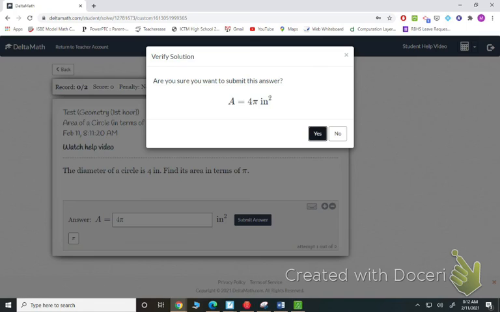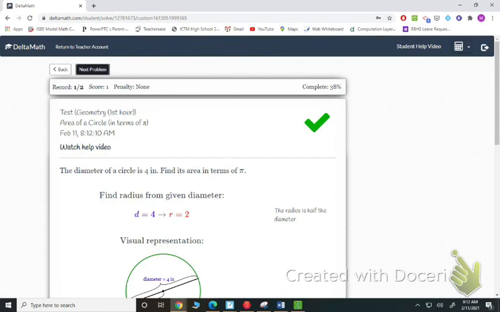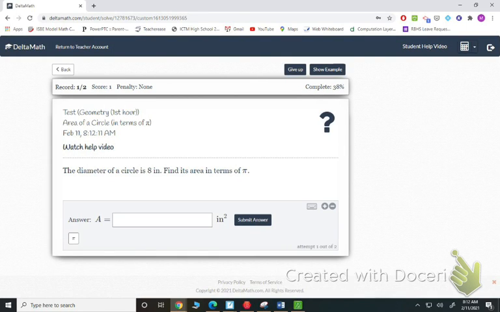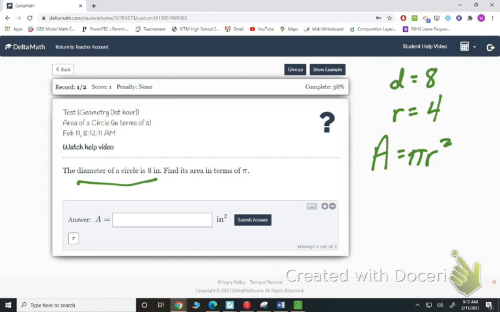Submit answer. Yes. Okay, let's do another problem like this where it doesn't work out so obvious. Okay, so this one, same kind of concept. The diameter is 8 inches. We want to find the area in terms of pi. So if the diameter is 8, to find the radius, you're just going to divide it by 2. So 8 divided by 2 is 4. Now to find area, area is pi r squared.